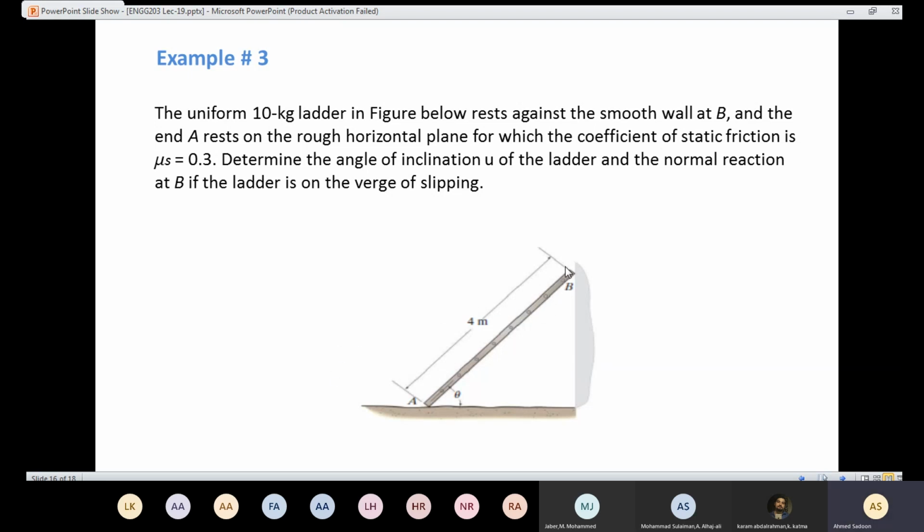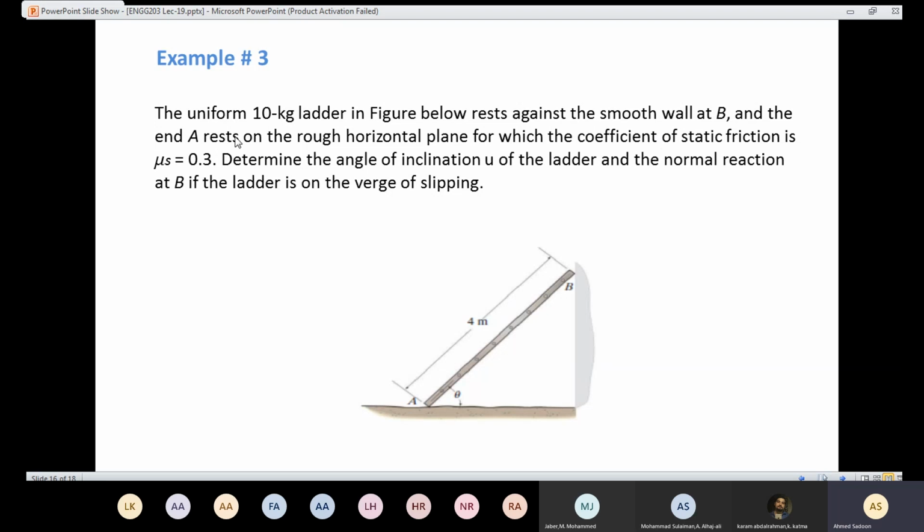So I expect that the ladder is going to move in this direction and this one in that direction. So if I have a load here, this point is going to move here, and that point is going to move here. So here is the direction of the movement. That means the direction of the friction is going to be opposite here. Here we are not going to have any friction.